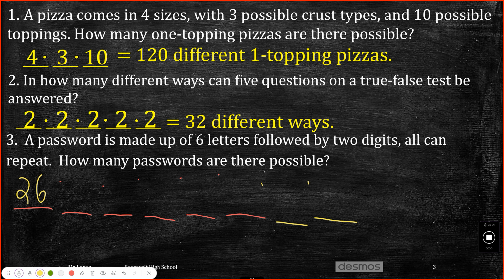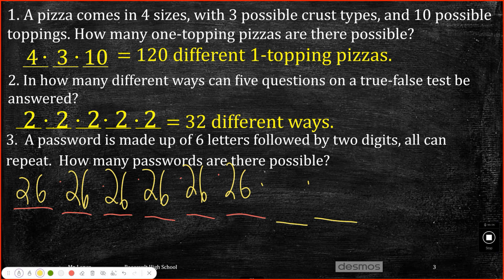Because it would be dumb, but you could put A. It is allowed because it says they all could repeat. But it's all these 26 different letters. You could do A, B, C, D, E, F if you wanted to. That's what it's saying. And now, it's going to be followed by 2 digits.